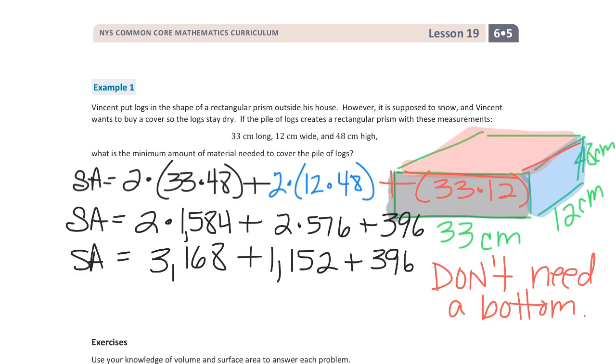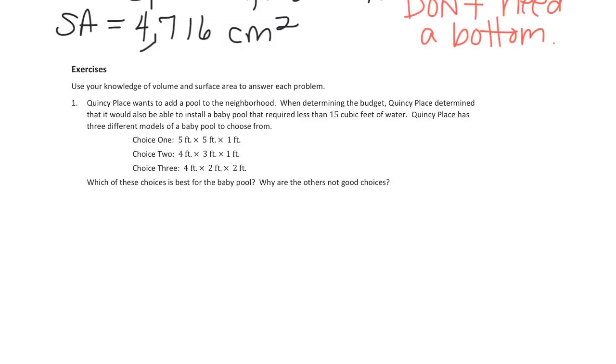Remember, we're not multiplying that by 2 because we don't need a bottom. So now we're going to add those numbers together. When we do that, our surface area of the covering is 4,716 centimeters squared. Okay, let's move to the one underneath this.